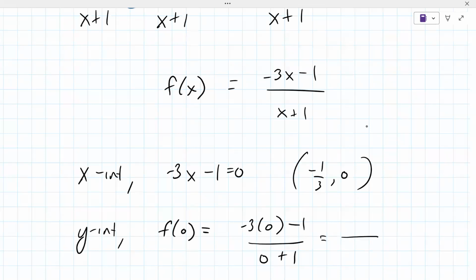What does the top become? -1. What does the bottom become? 1. And then divide them, and that's just going to be -1. Okay, you finally gave me the right answer. You did not up until that point.